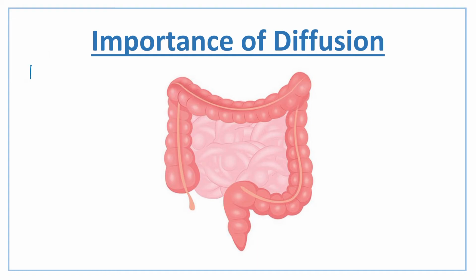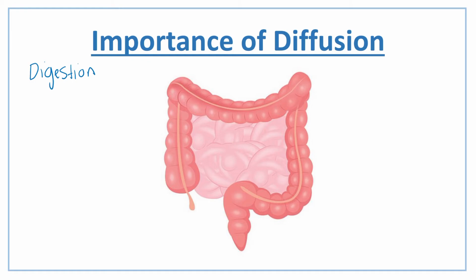So digestion, the process by which we break down our food. Now, we may have eaten a burger, for example, and that has carbs in the bun, it has lots of fat, and it'll have protein in the meat.